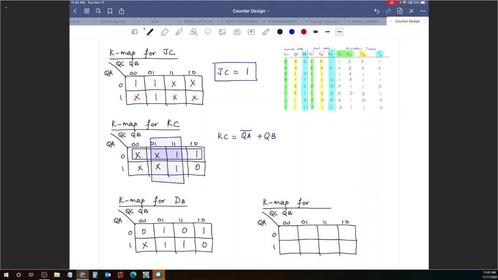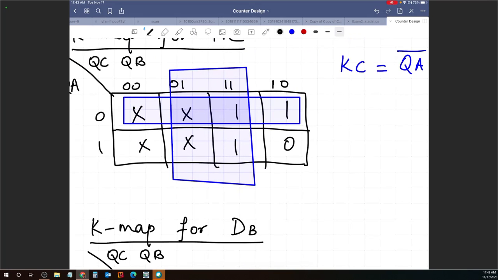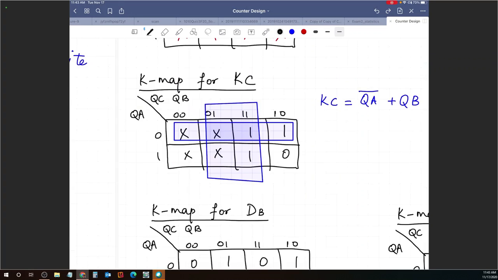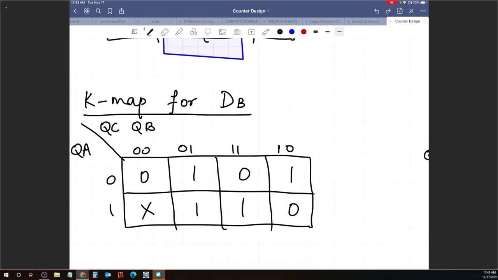We aren't. We are just doing it to get the simplest expression. So you see, we left this guy out. We use the x's only to make as big of a group as possible. That's it. Only if it helps you make a bigger group.